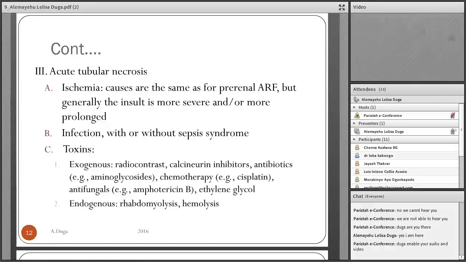So ischemia is caused by the same as for pre-renal acute renal failure, but generally the insult is more severe and prolonged. We've got infection with or without sepsis syndrome and toxins as well. Okay, so generally the three classifications will bring about acute kidney failure.